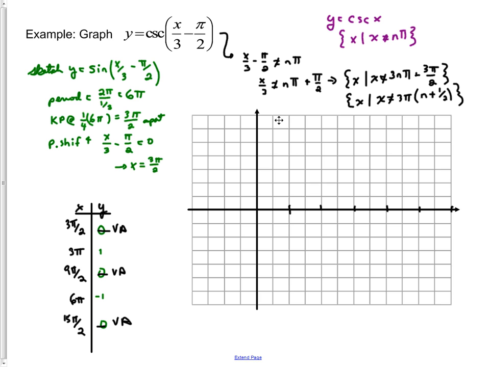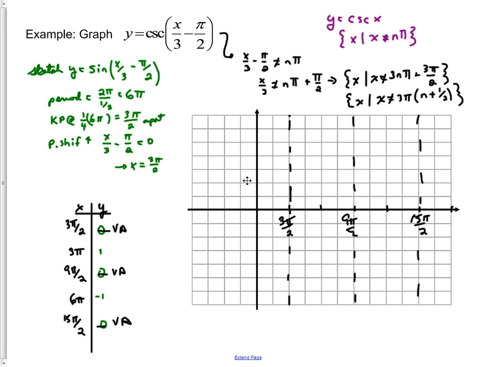Our key points, if we're starting at 3 pi over 2 for one cycle, we're going to get 3 pi, 9 pi over 2, 6 pi, and 15 pi over 2. So for one cycle, following the locations of our vertical asymptotes, we can use what happens with the sine function as a guide, and I'll do that in green.